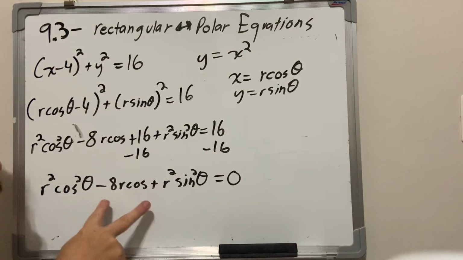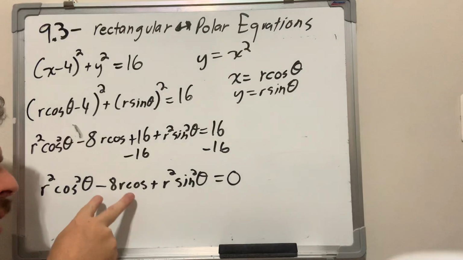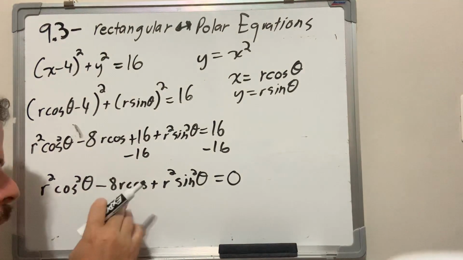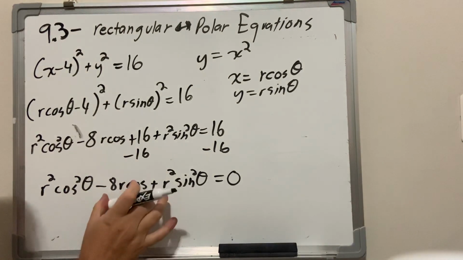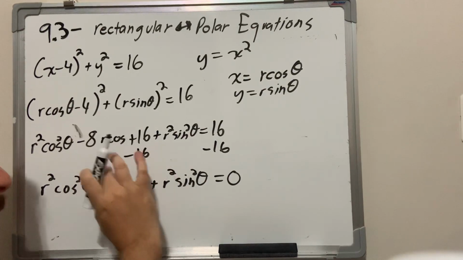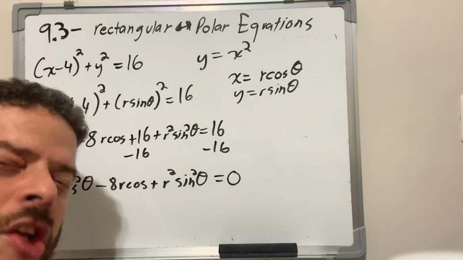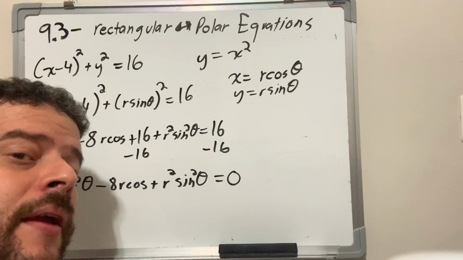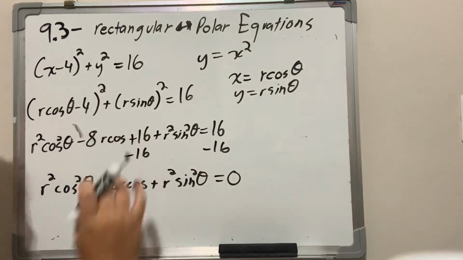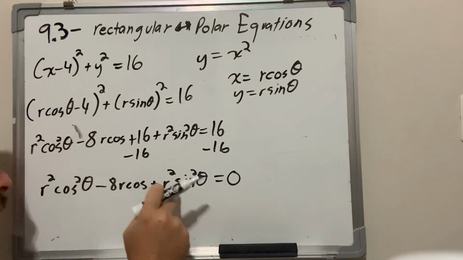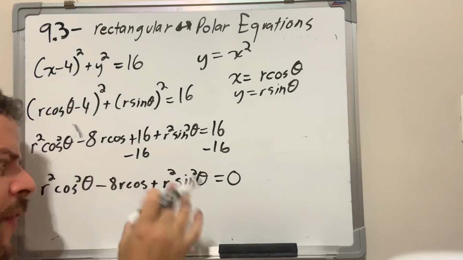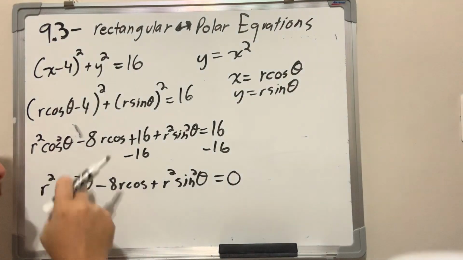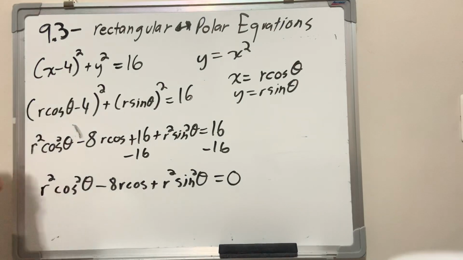I am also going to send the term that's by itself and isn't squared. I'm always going to send it to the other side. You need to get rid of it, and you'll see why shortly. Whatever's here, I'm just going to leave my cosine squares and my sine squares. That's all I want on this side. Anything that isn't sine squared or cosine squared gets sent to the other side.